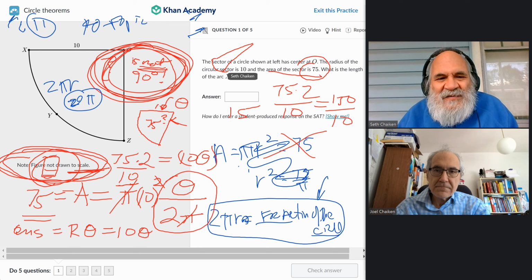When you use radians, and theta is in radians, then the length of the arc is the magnitude of the angle times the radius.